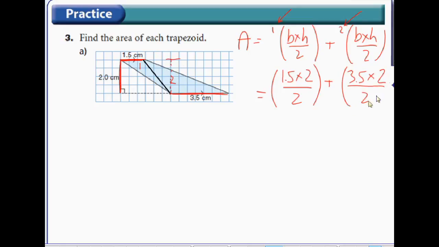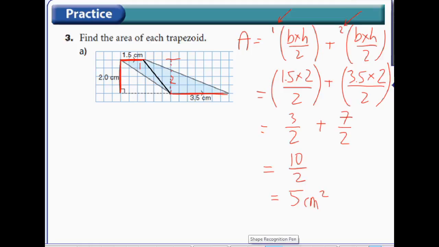And divide that by 2. 1.5 times 2 is 3, so 3 over 2, plus 3.5 times 2 is 7 over 2. When we add fractions, we add the numerators if the denominators are the same, so we would have 10 over 2, which is 5 centimeters squared. So our total area here would be 5 square centimeters.